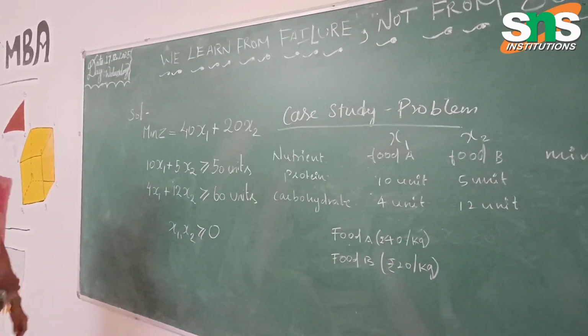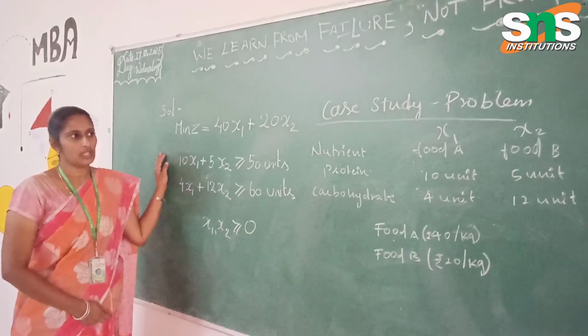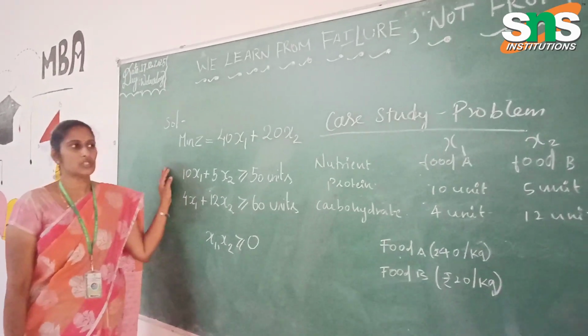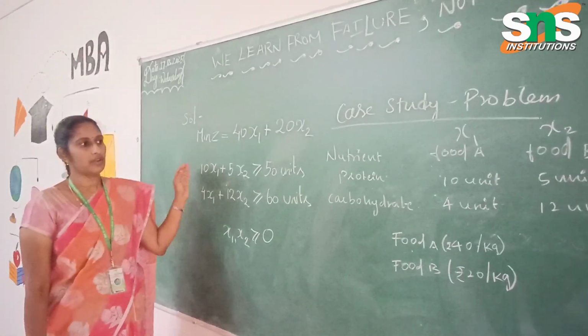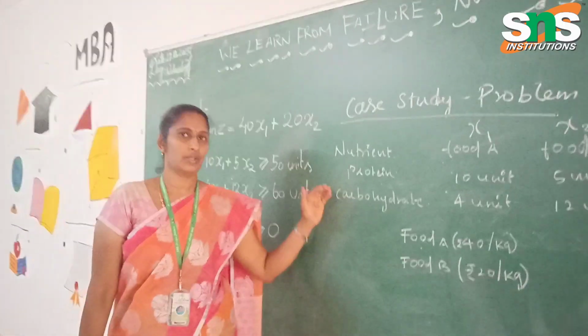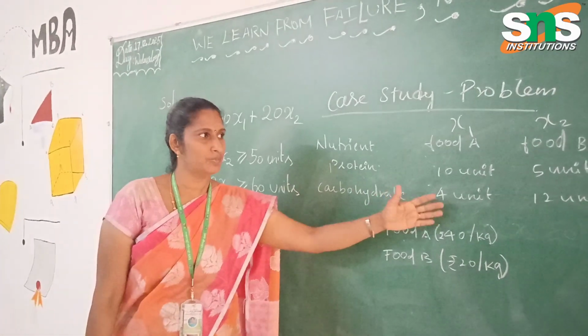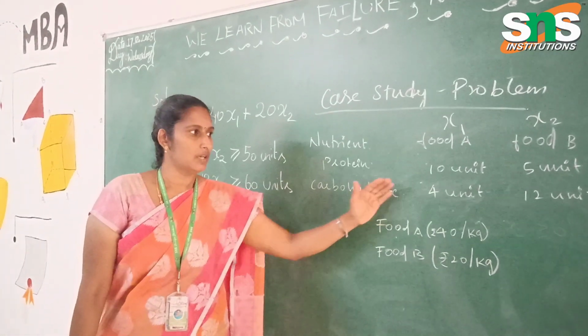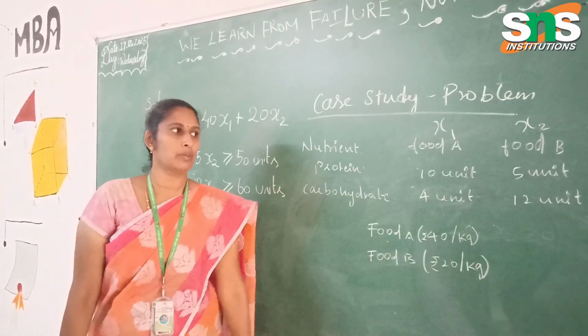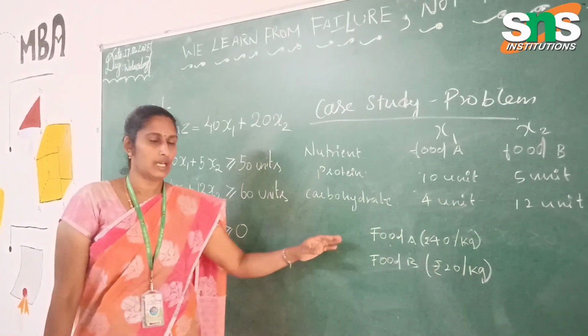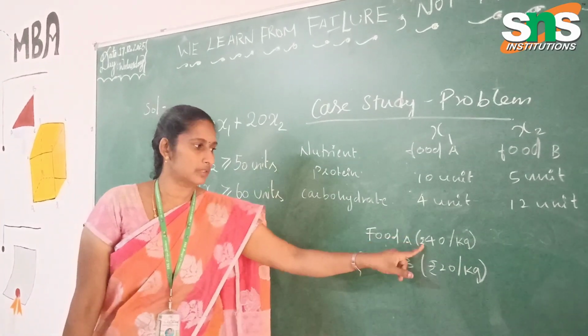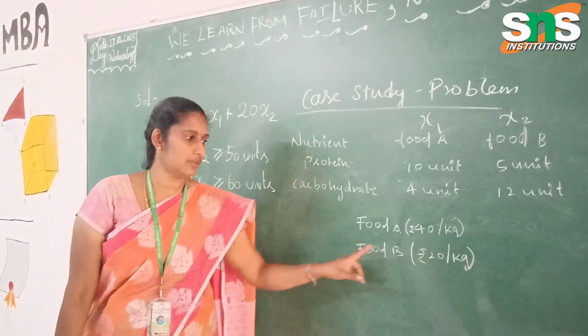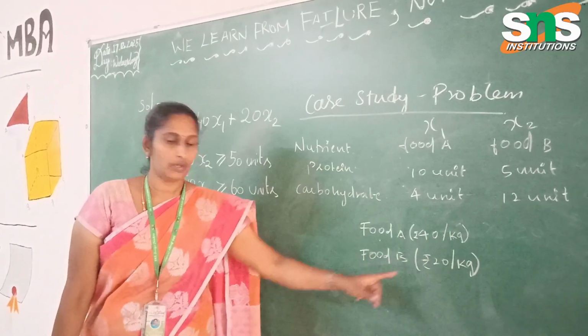Okay. Just let me explain once again. These two students have taken a case study regarding the LPP. They have taken nutrition to satisfy, proteins and carbohydrates, for food A and B. What units they have to take and the minimum requirement they have also considered. Finally food A costs rupees 40 per kg, whereas food B costs 20 per kg.